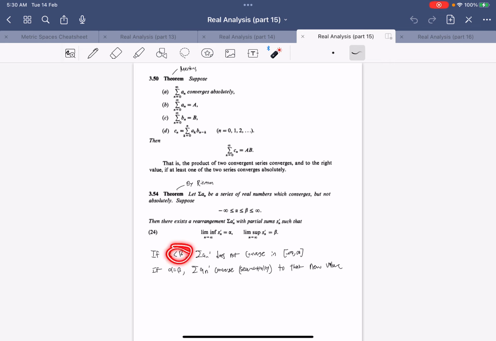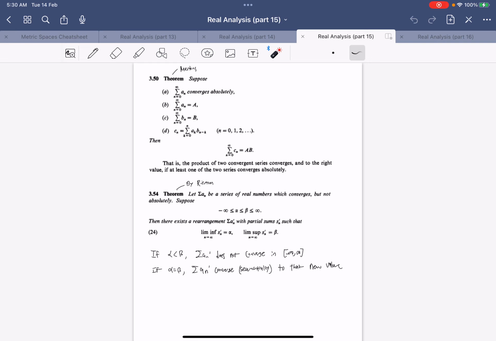If alpha is strictly less than beta, then this new rearranged series does not converge. If alpha equals beta, then we can say that this series converges to the new value we want. This is a very interesting theorem because it shows that for any series that doesn't converge absolutely, you can rearrange its terms so that you can create any partial sum that you want.